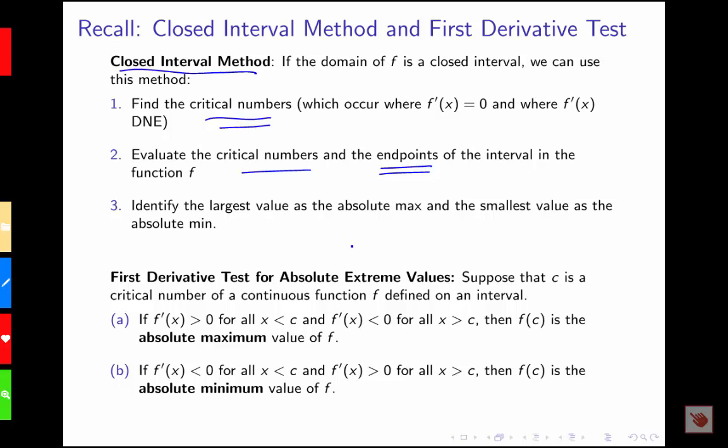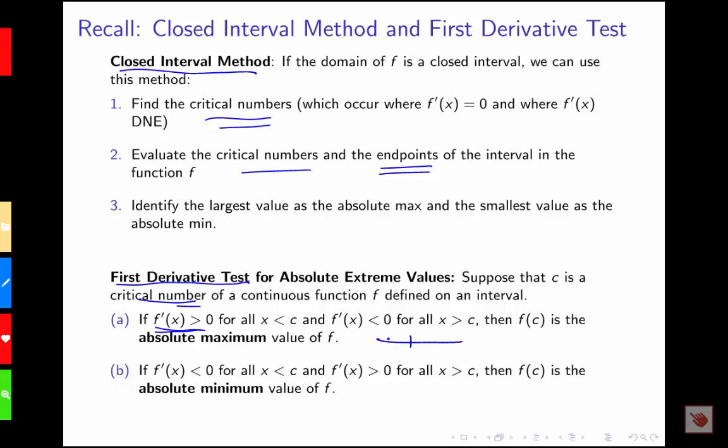and which one is the smallest value as our min. If, on the other hand, we're dealing with an open interval, we may need to use our first derivative test for absolute extreme values, which involves, again, us finding critical numbers and then looking to see whether the derivative on one side of our value is positive and the derivative on the other side of that critical value is negative.